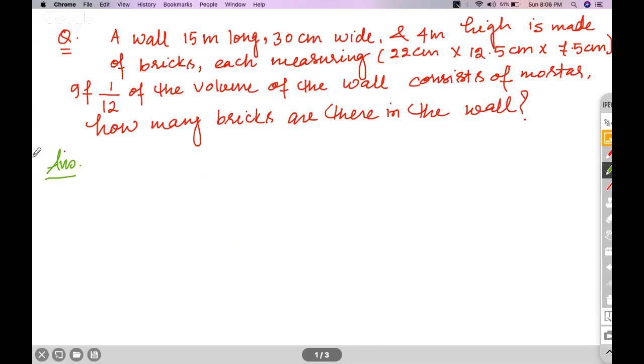Should I solve this question? Did you guys get it? No, Karthikeya, try it once again. See, meters has to be converted into centimeters.